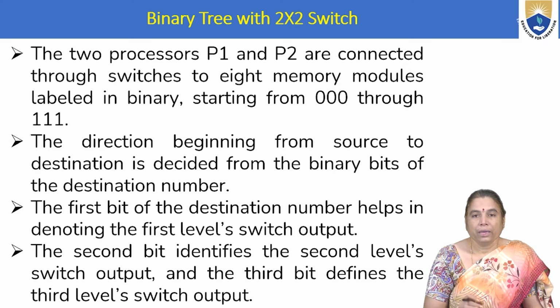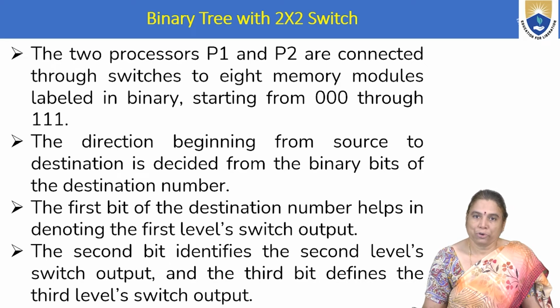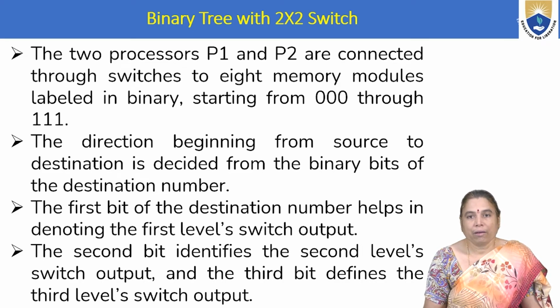So here the destination can be either 0 or 1, and the processor can connect to the binary destination either 0 or 1 in order to produce the required arbitration logic to activate the concerned memory module in case of a multi-stage switching network.